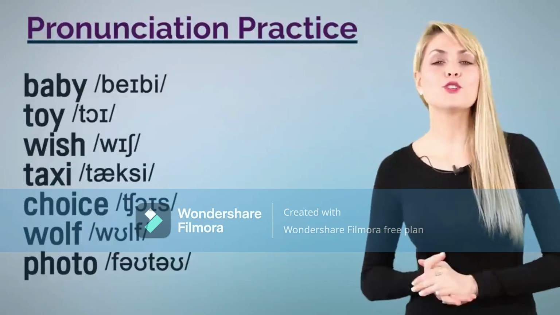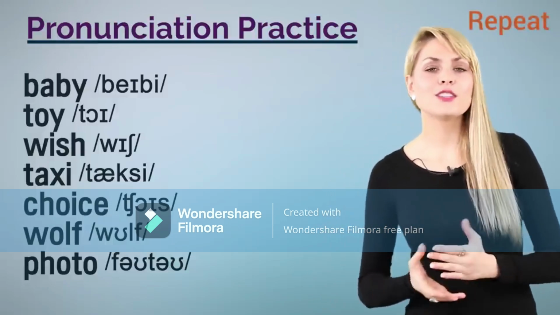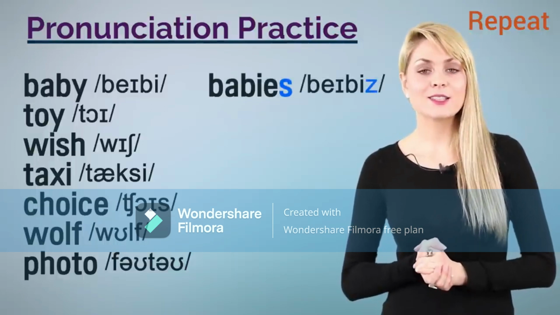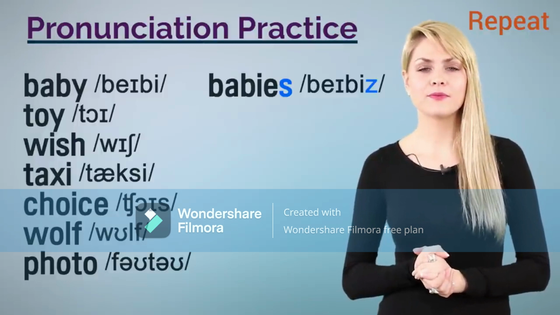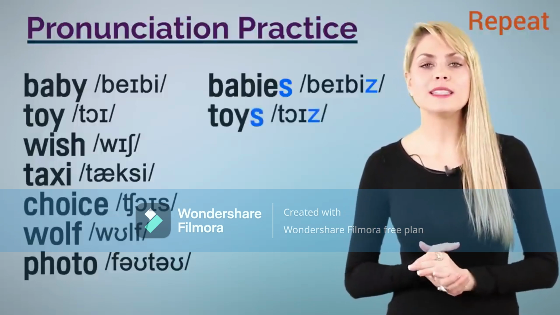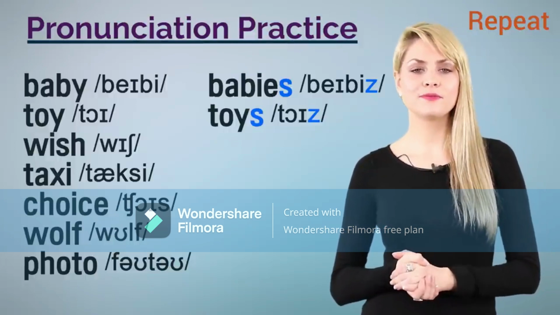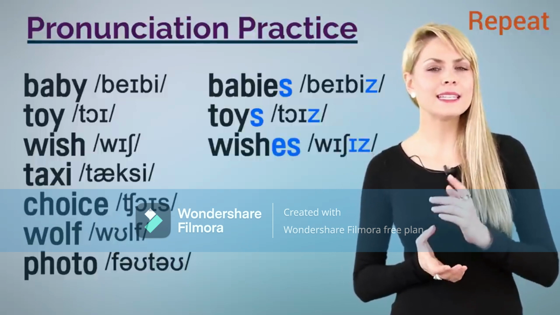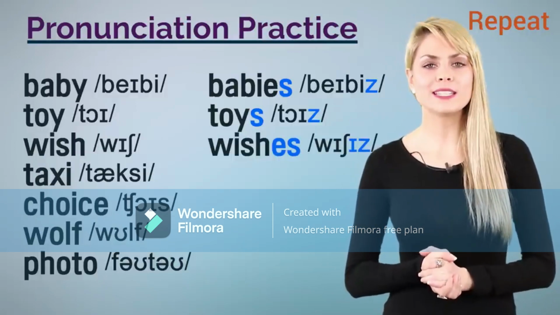Now, if we focus on pronunciation now, repeat the words after me. Babies. The sound is Z. Babies. Toys. Wishes. Remember this is sound? Repeat after me. Wishes.